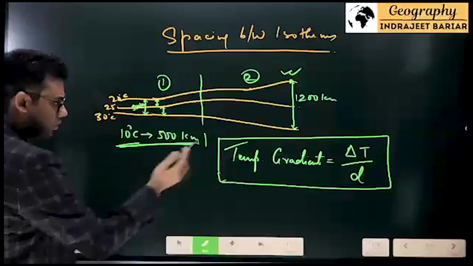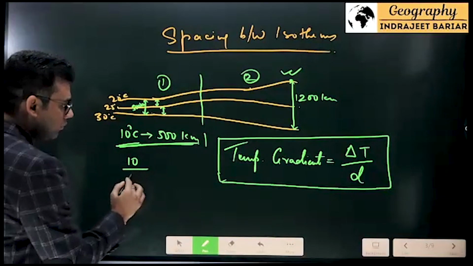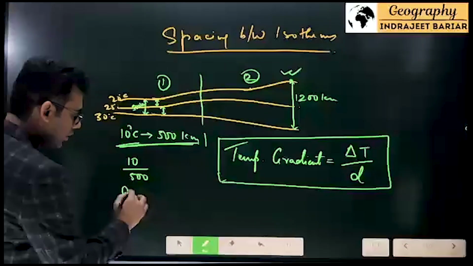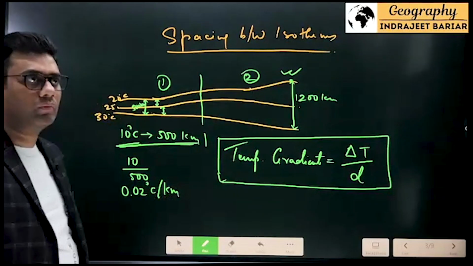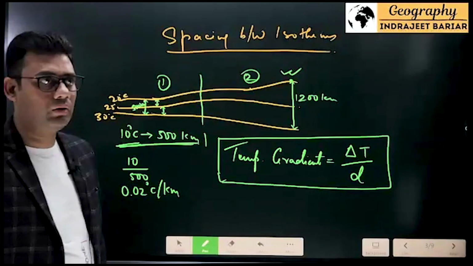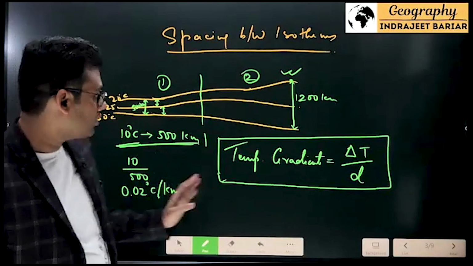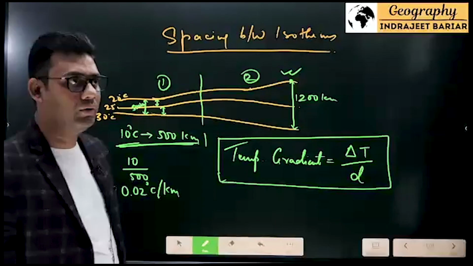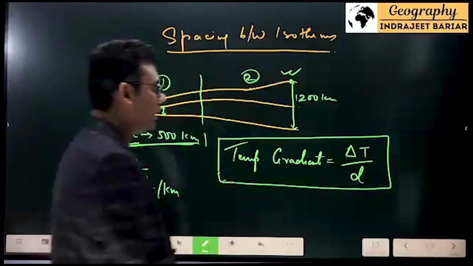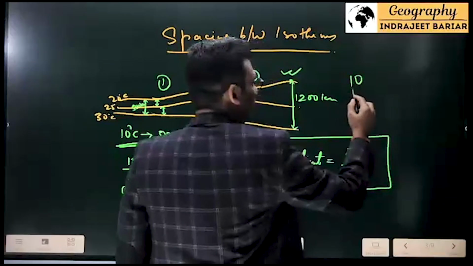0.02 Celsius per kilometer. Yeah, 0.02. In the formula, I'll put 10 by 500. 0.02 degrees Celsius per kilometer. Correct? That's the change. Here, what should be the temperature gradient? 10 by 1200.